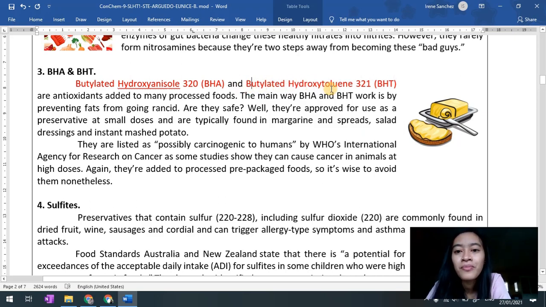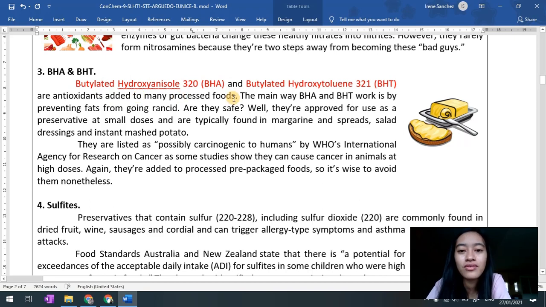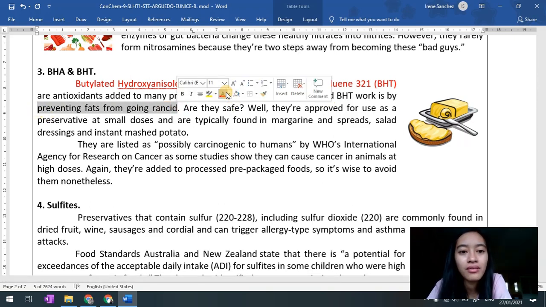Butylated hydroxyanisole 320 and butylated hydroxytoluene 321 are antioxidants added to many processed foods to prevent oxidation. The main way BHA and BHT work is they prevent the fats from going rancid.